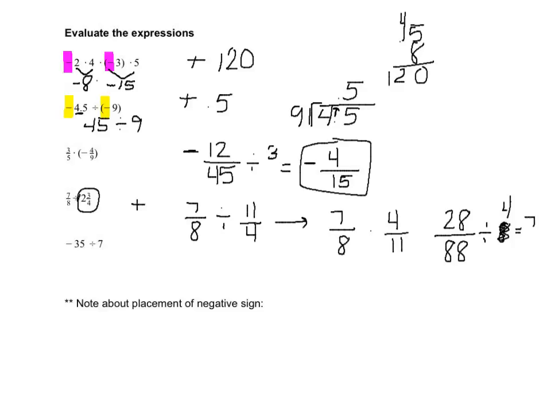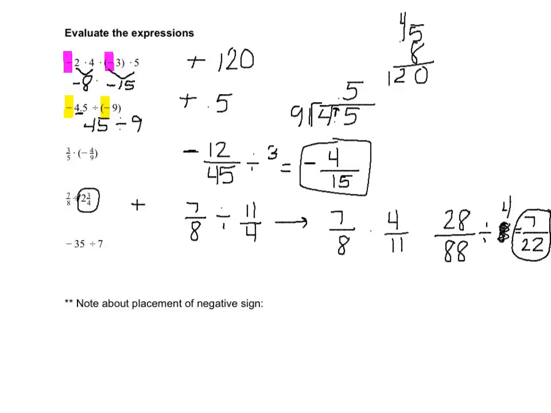That hopefully is a fact that many of you have memorized. That's 7. Then we have 88 divided by 4, which is going to give me 22. 7 and 22, nothing that divides evenly with both of those numbers. And again, my final answer was positive, so my final answer is a positive 7 over 22.